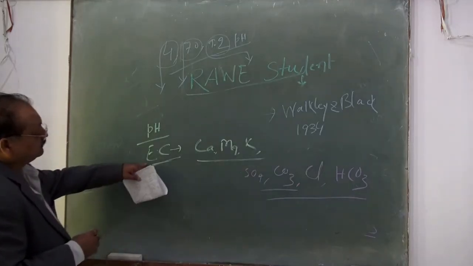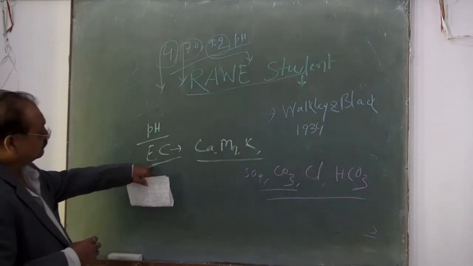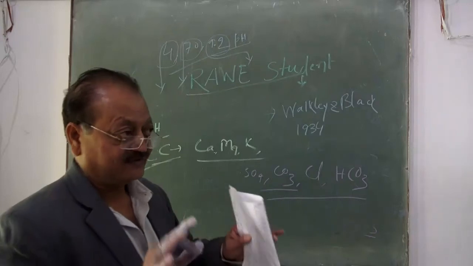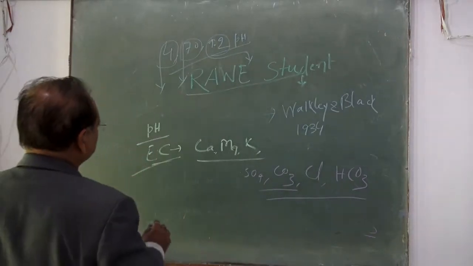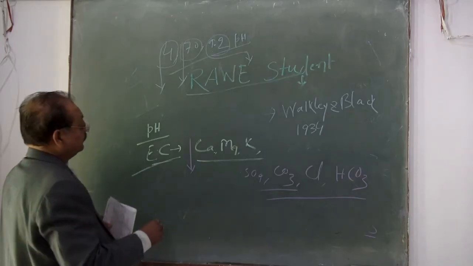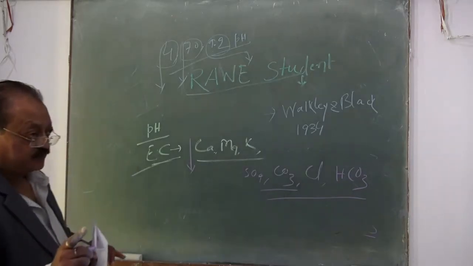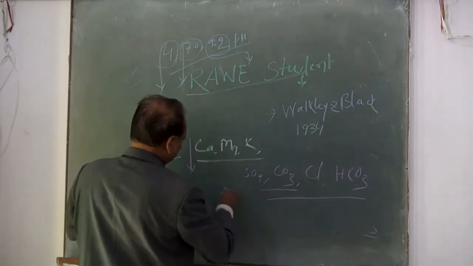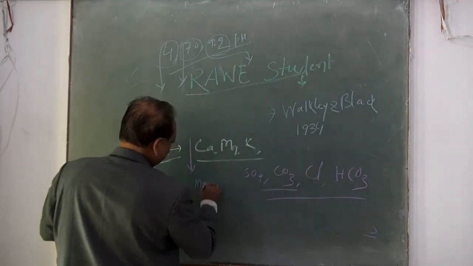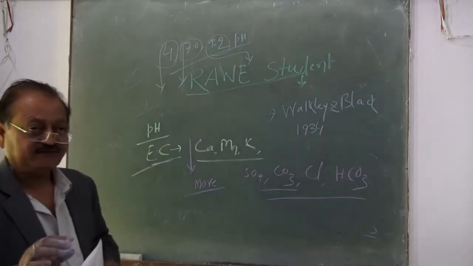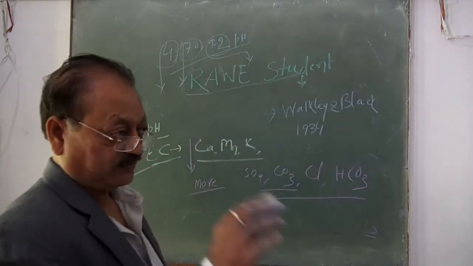So, knowing the electrical conductivity means knowing the total ion content of the soil. If the quantity of the ions, either cations or anions, is more, then it will increase the osmotic pressure.